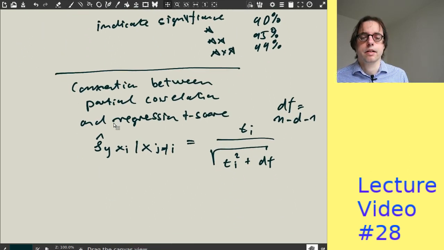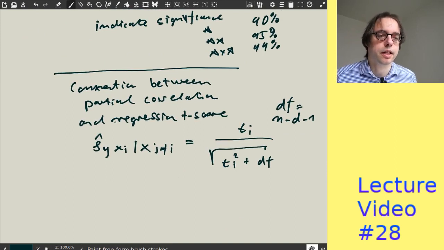So whenever you compute a regression t-score, you actually compute a partial correlation.